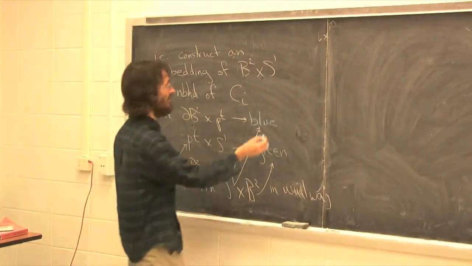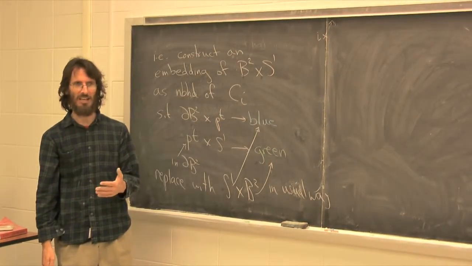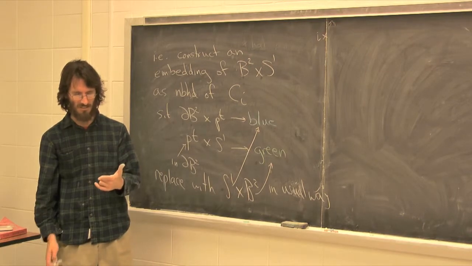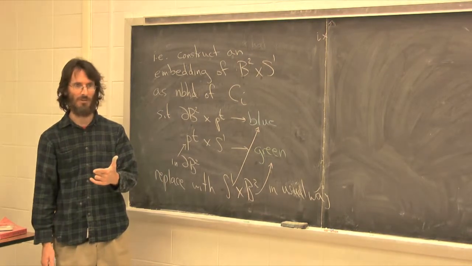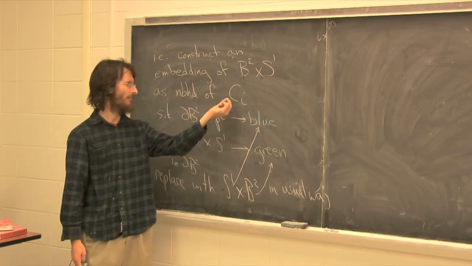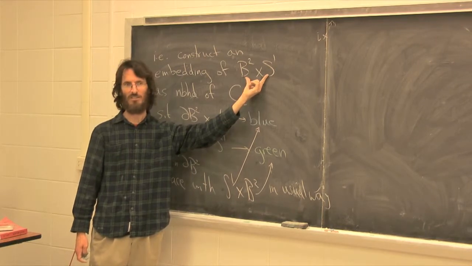So notice that, remember, a framing is an isotopy class of, you can think of it in two ways. You can think of it as an isotopy class of trivializations of the normal bundle, or you can just think of it as an isotopy class of extensions of the map of the circle to a map of the solid torus.